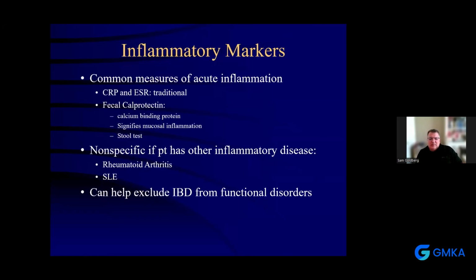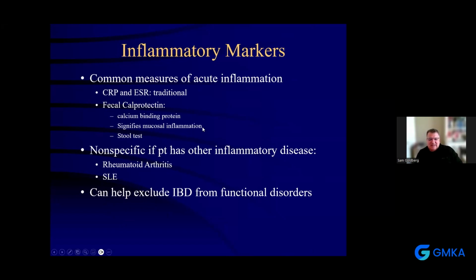So some inflammatory markers, CRP and sed rate, are probably readily available just about anywhere. We look here in the States at fecal calprotectin. Do you measure that in the Ukraine? Yes. Yes, you do? Excellent. Okay, so this is a much more accurate assessment of inflammation in the GI tract.